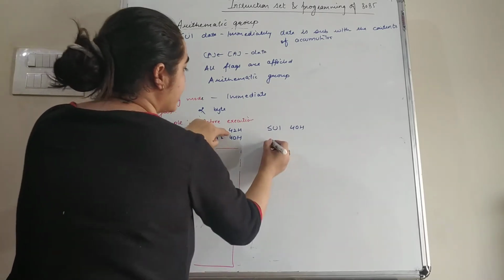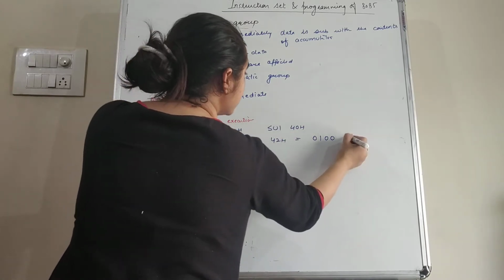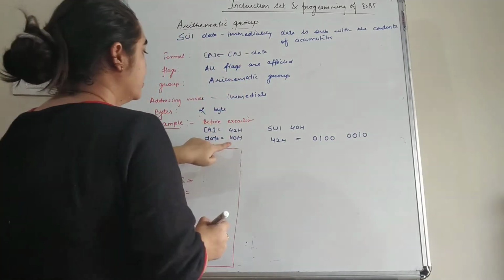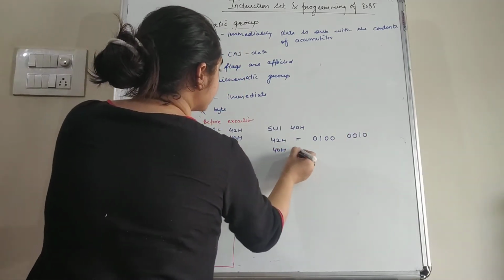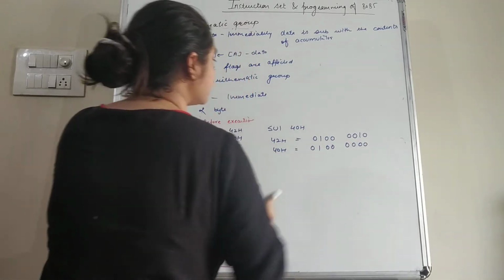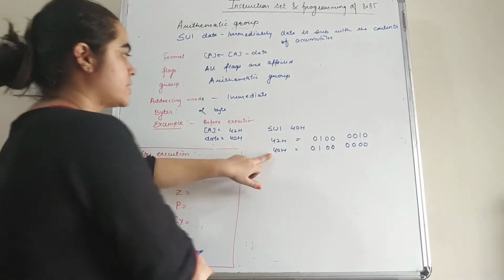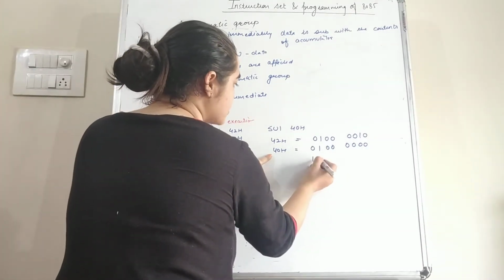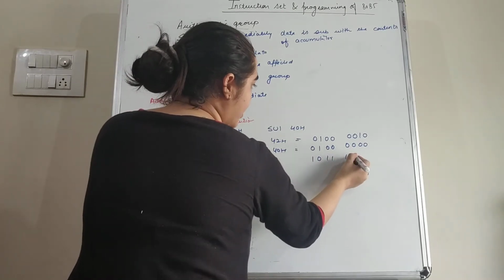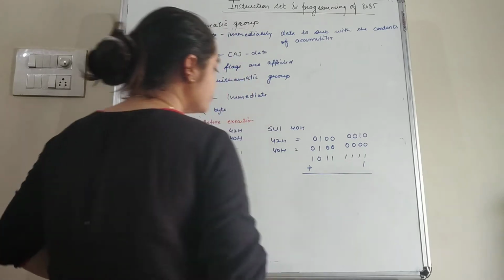The binary of 42H is 0100 0010. 40H is 0100 0000. Again here we have to find the 2's complement of the second number. So the 1's complement is 1011 1111. Now we can add 1 to it.